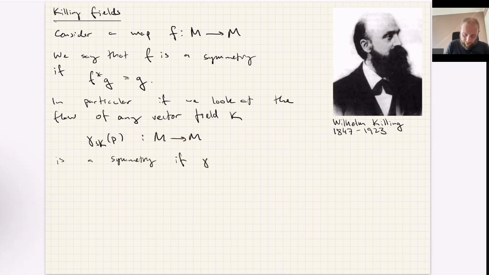So if gamma sK star g is equal to g, then the flow of this vector field describes a symmetry.